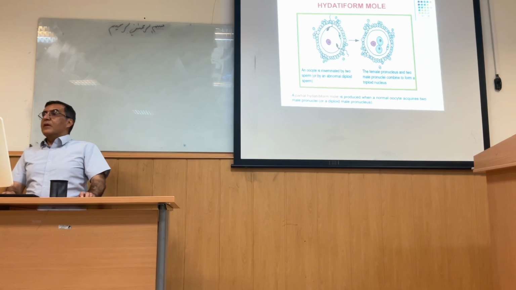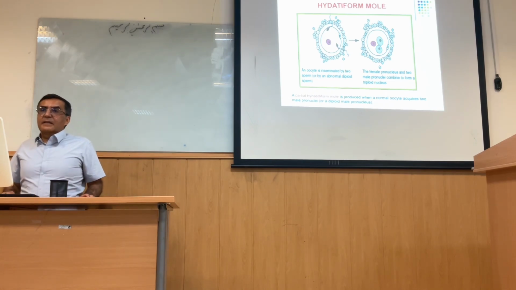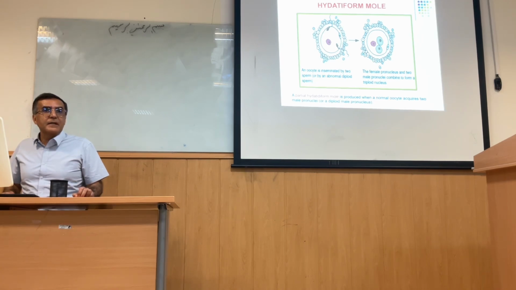HCG is one of the signs of pregnancy. Yes, human chorionic gonadotropin is produced by trophoblast, and you can detect it in the urine or the blood of mothers. It is a main sign of pregnancy, one reliable test for pregnancy.